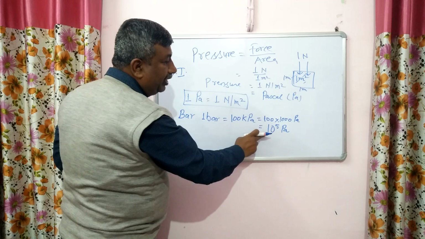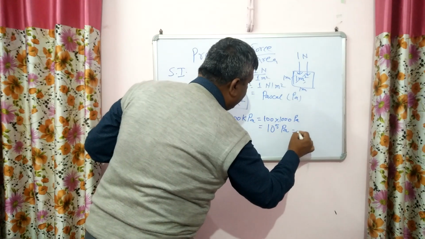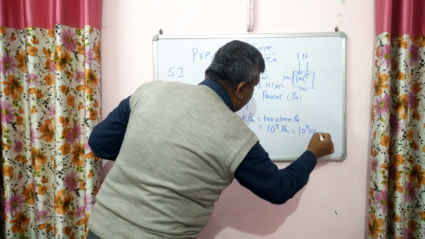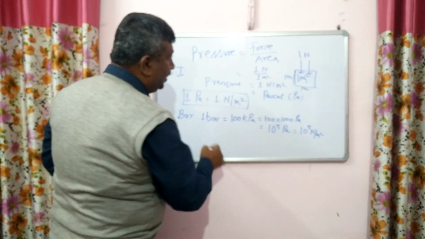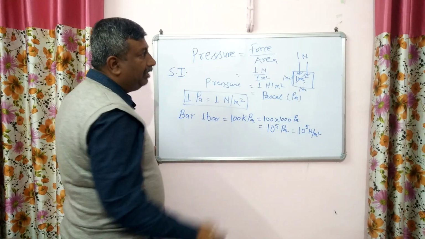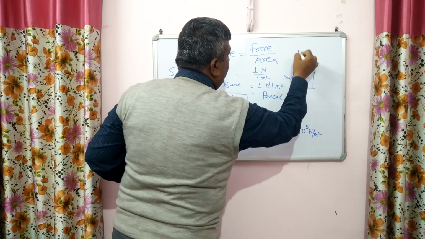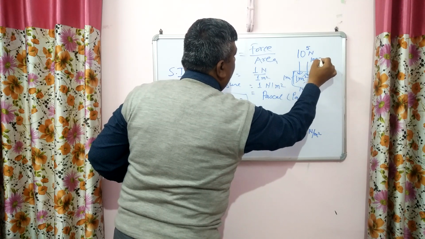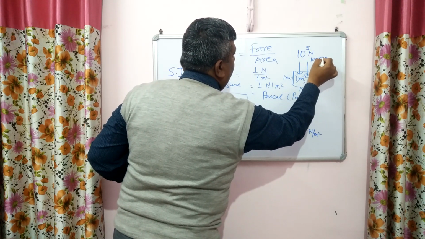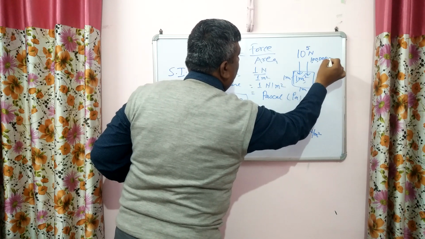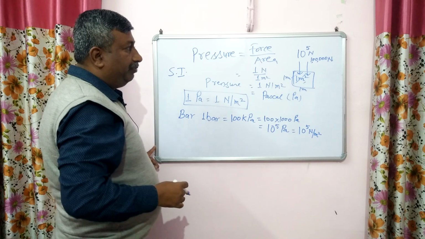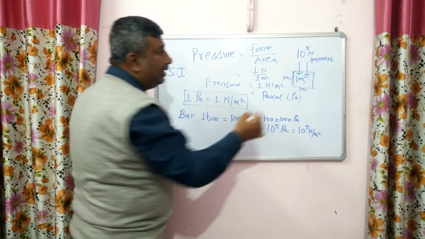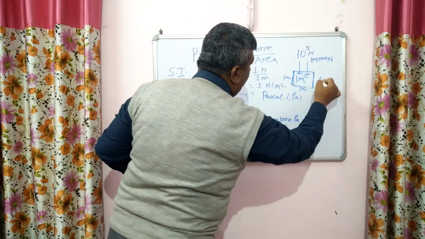So 1 bar is equal to 10 to power 5 Pascal, or 10 to power 5 Newton per square meter area. It means if the area is 1 square meter and we are exerting 10 to power 5 Newton, that is 1 lakh Newton force, on 1 square meter area, then it will face 1 bar pressure.